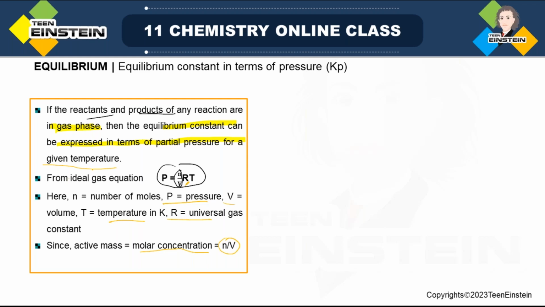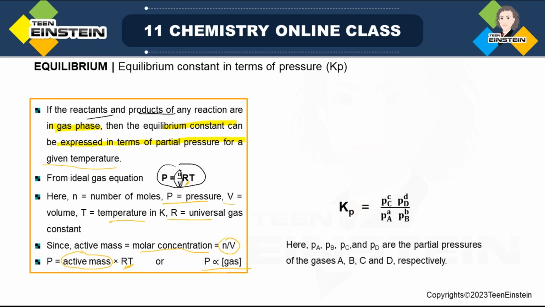So pressure should be proportional to n by V, that means pressure is proportional to active mass, or pressure is proportional to concentration of the gas. That is why it is written gas within square brackets, that means it is the concentration or active mass of the gas, whichever way you express.